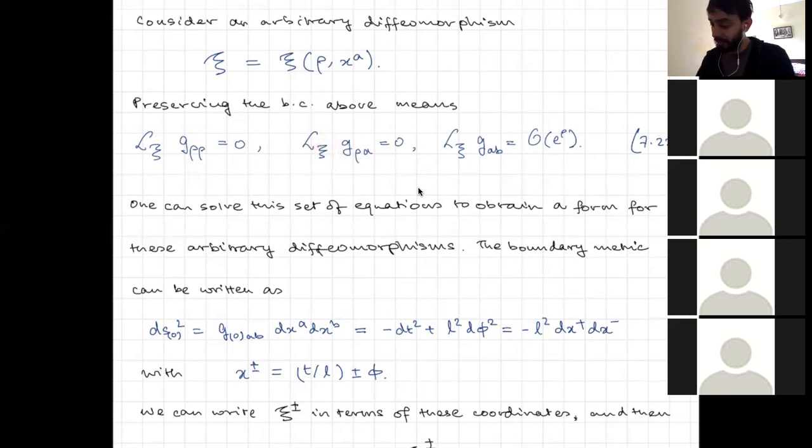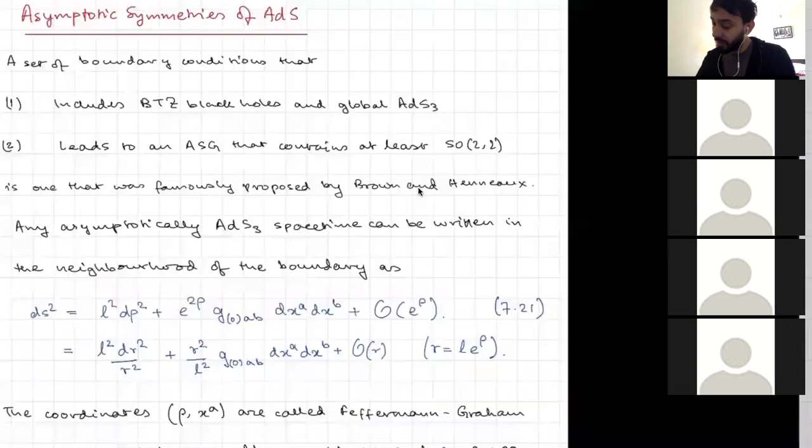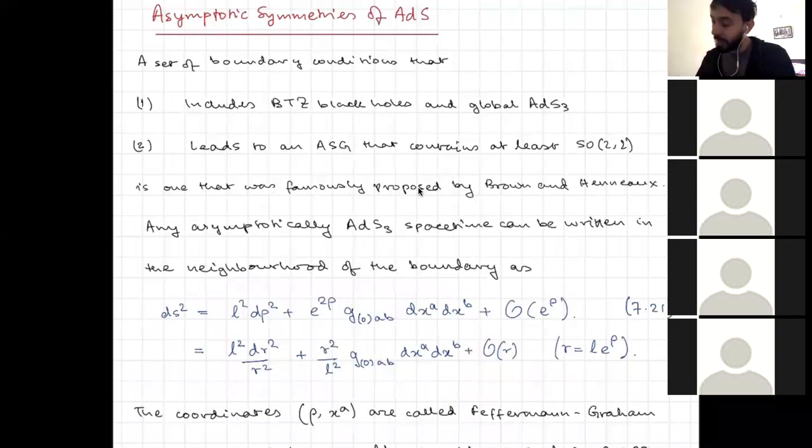For example, let me just explain one thing. If you're looking at g_ab, for example, this has been fixed as being flat, but you could have some small fluctuations here which go as exponential of ρ.